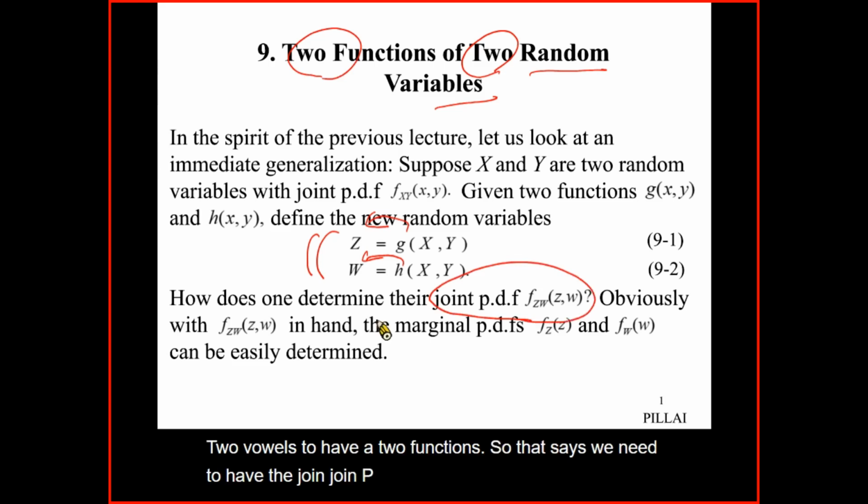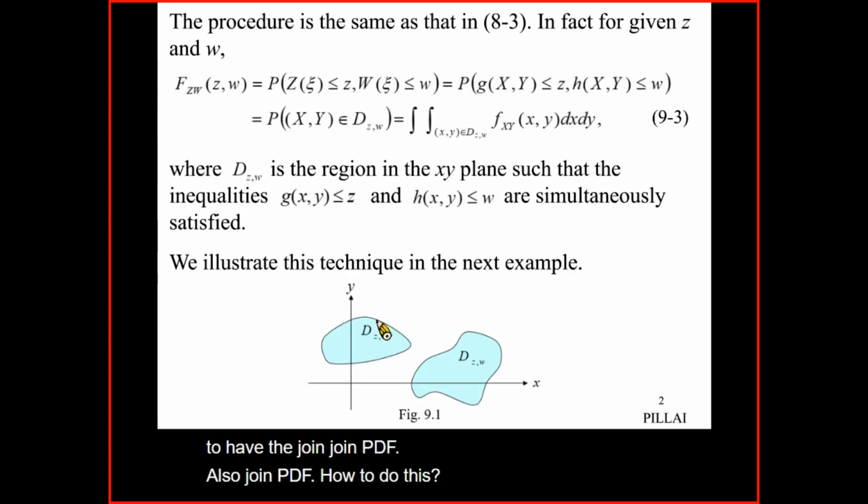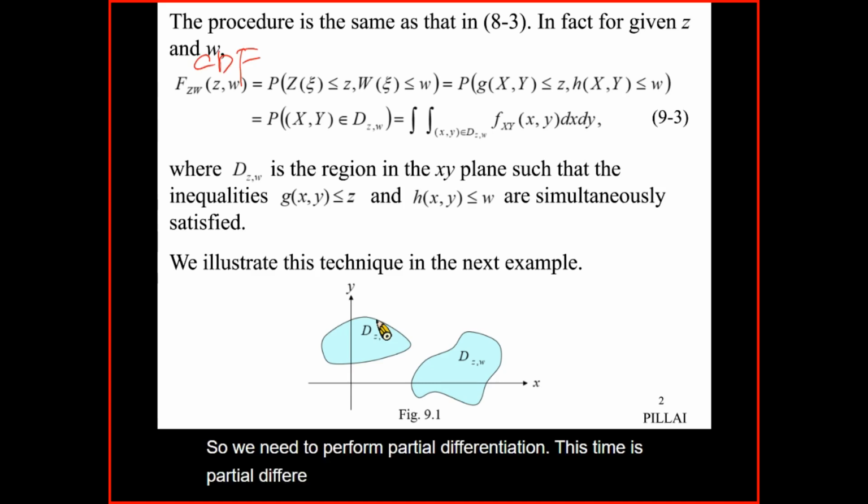PDF. As for the joint PDF, how to do it? This time we don't have a formula directly. Well, still we can have a CDF first. So we need to perform partial differentiation. This time it's partial differentiation. Right?